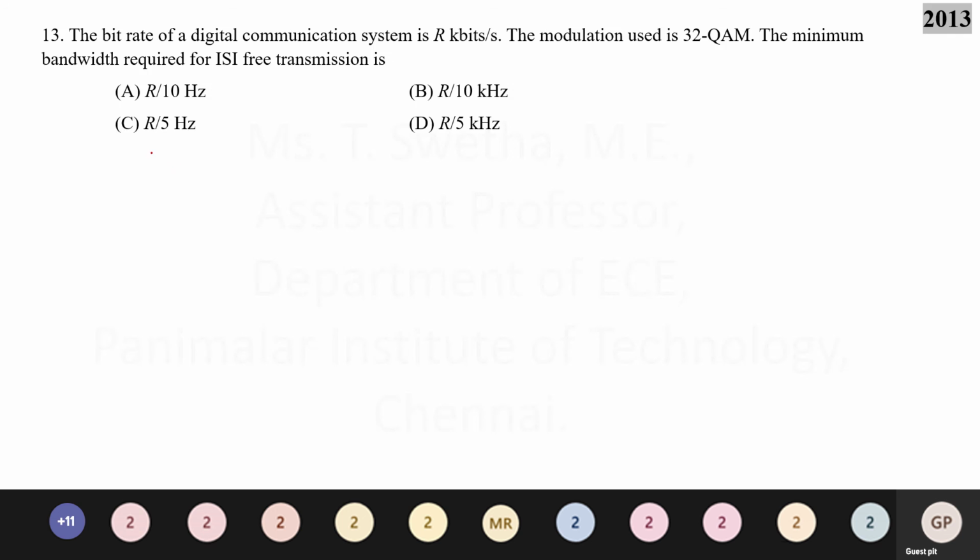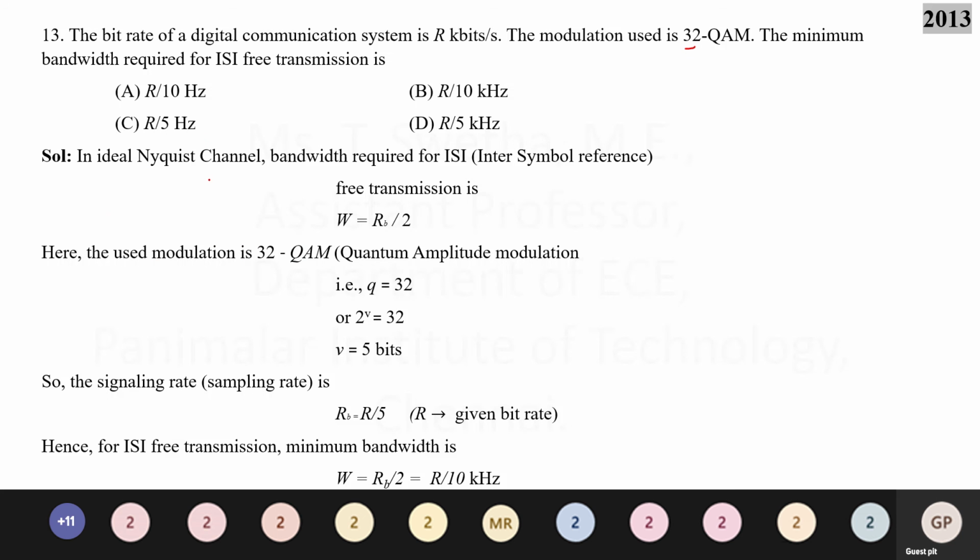So a bit rate of digital communication system is R, okay, so modulation used here is 32 QAM. The minimum bandwidth that we have to calculate, for ISI without interference. Okay, so in an ideal Nyquist channel, bandwidth required for the formula is RB by 2.